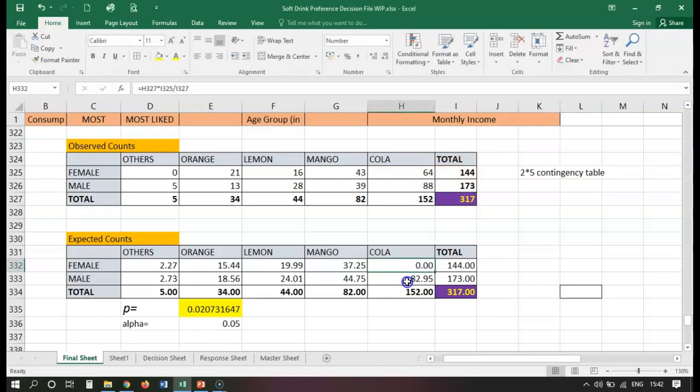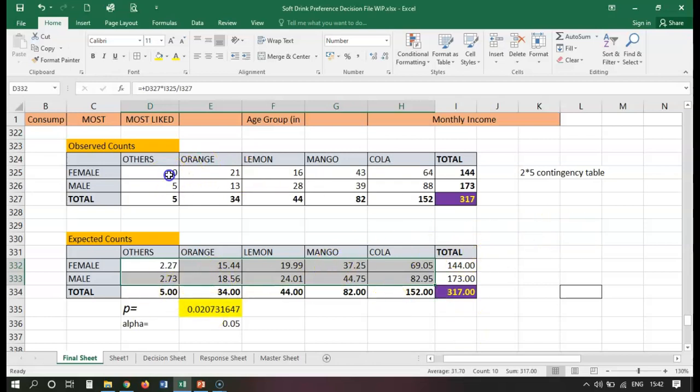For every cell we do the same, multiplying the row total into the column total divided by the grand total. Likewise, if we do it for each of the cells, we will get the expected count.